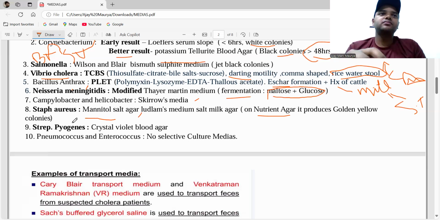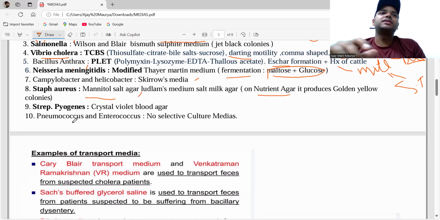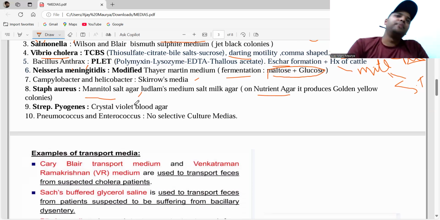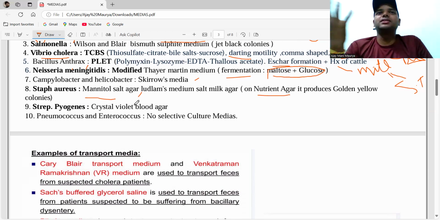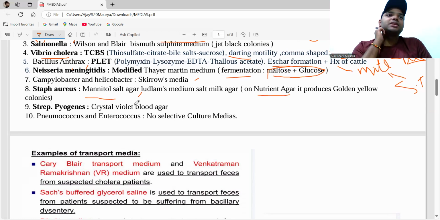For the Strep pyogenes, this is the crystal violet blood agar. They are not going to directly ask what is the culture media for the Staph aureus. They're going to give a case history, and you have to diagnose the case and know what bacteria is causing this disease.